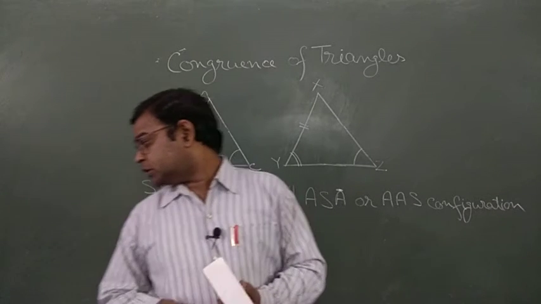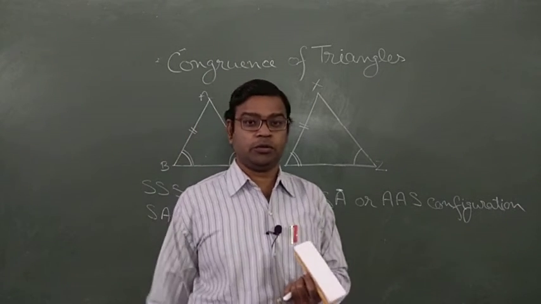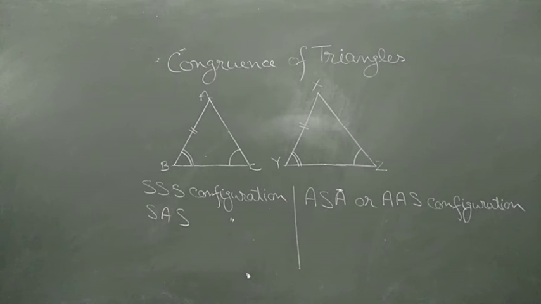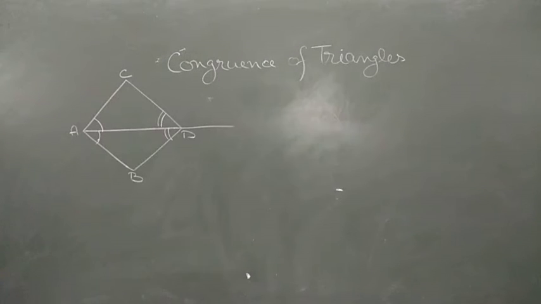So let's start some problems given in your book. Okay, you are observing the figure given on the left hand side of the screen. In this problem, it is given that angle CAD and angle BAD are equal to each other, and CDA and ADB are equal to each other, and AD is common in the figure.